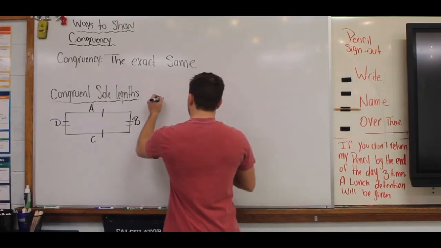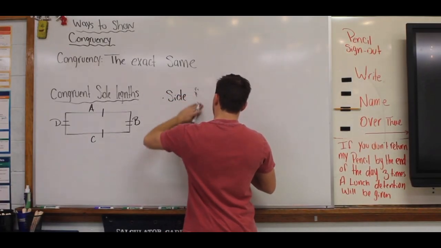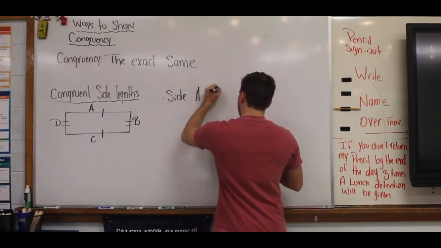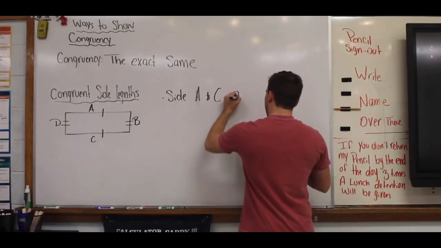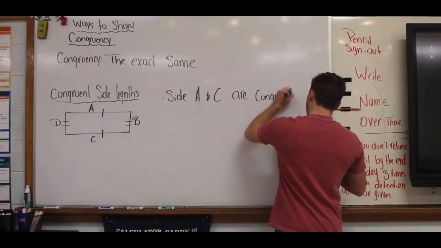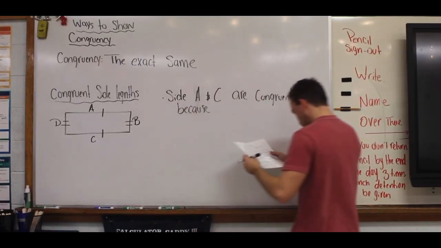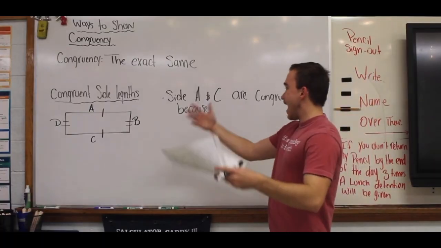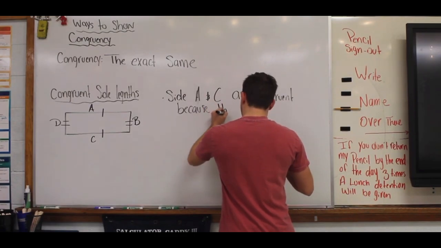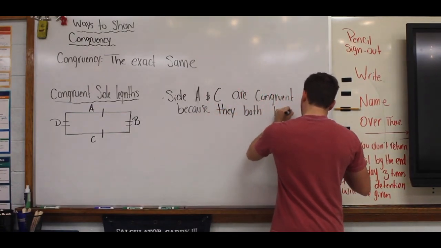So sides A and C are congruent because they both have one hash mark or dash mark. Either one works.